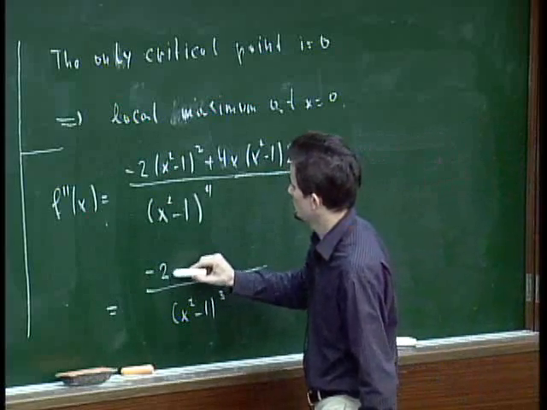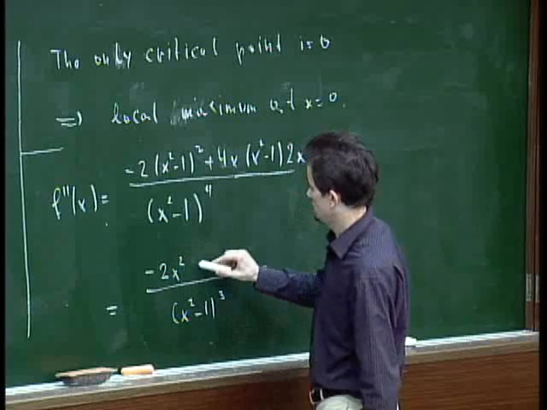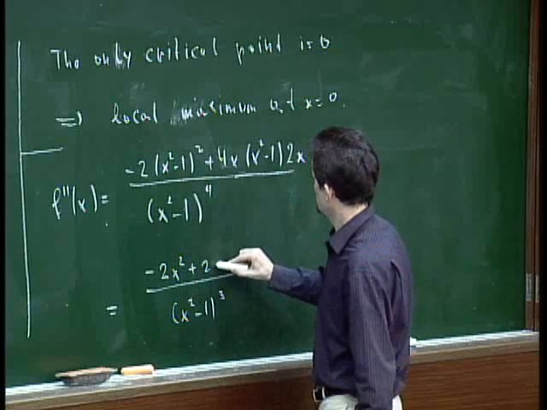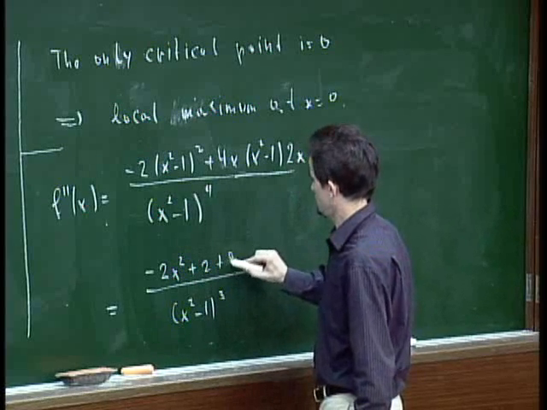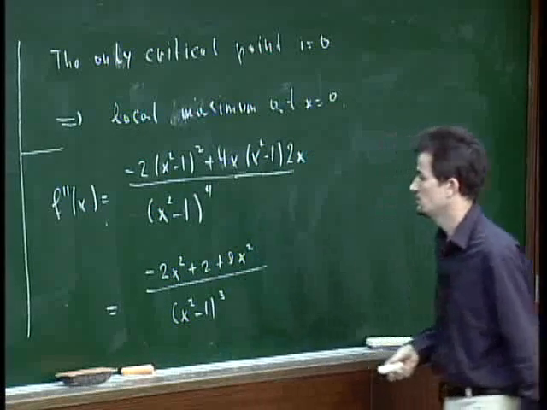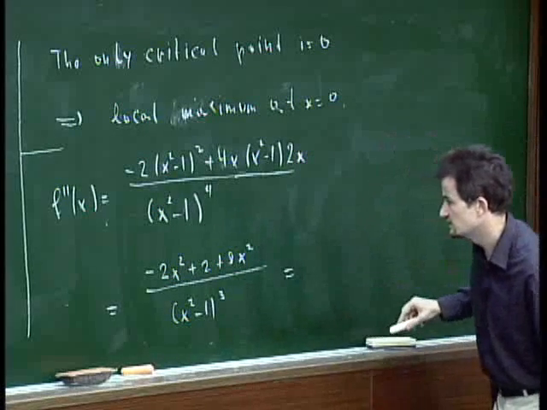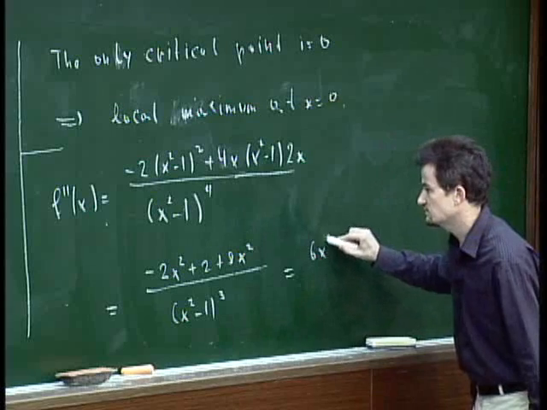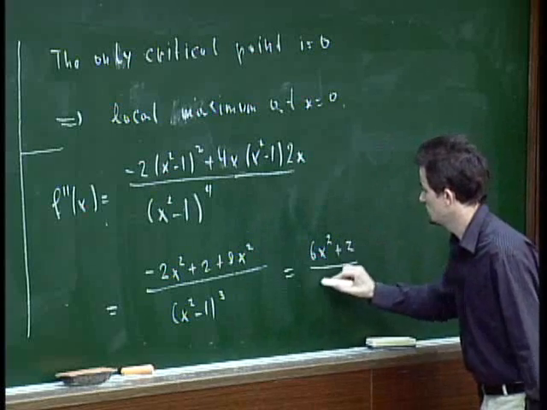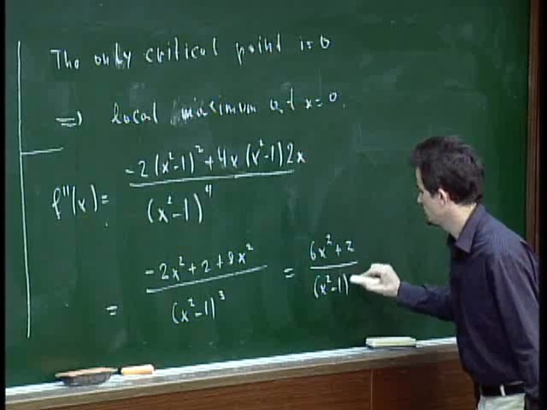Then we have minus 2x squared plus 2 plus 8x squared. Okay, so what we get is 6x squared plus 2 over x squared minus 1 to the cube.